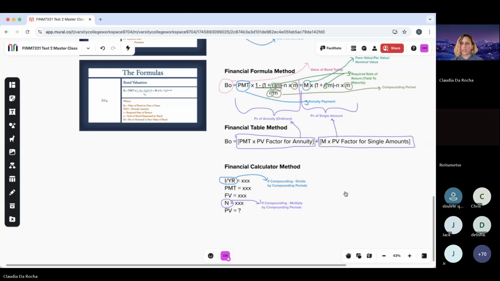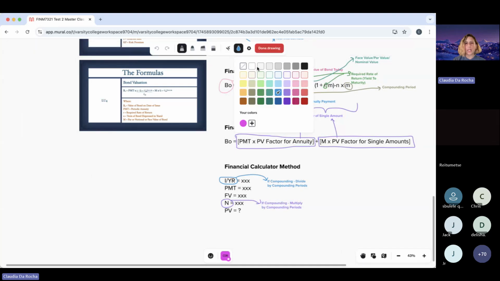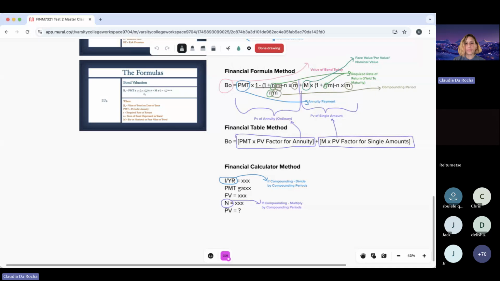And then it says, do we type the PV as a negative and calculate the value of the bond today? Yes, that's a valid comment, and I'll actually note that. So when we are calculating using the calculator, it depends what you're calculating.